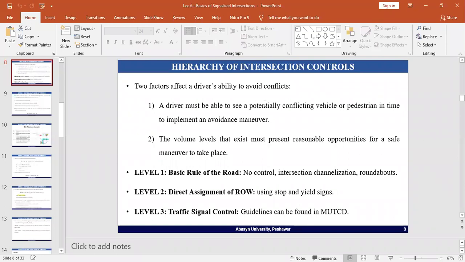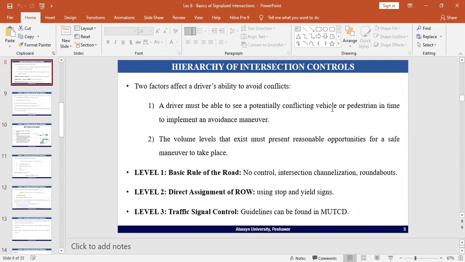But in order to think that, he must be able to see that potential conflicting vehicle or pedestrian in time. If the vehicle or pedestrian appears only a second before, he won't be able to stop himself. So one thing was to see that conflicting scenario.